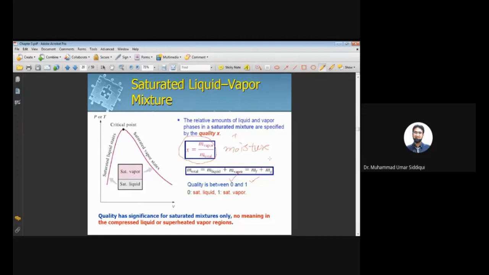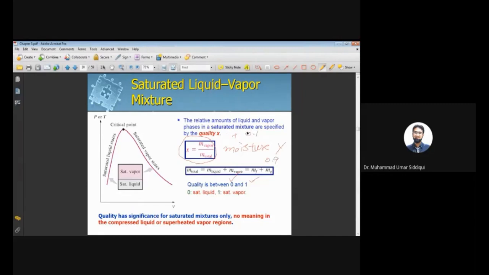So let's say the moisture we call Y. If the quality is 0.1, meaning 10% is vapor, then the remaining 90% will be liquid. So that means the moisture is 0.9. So if the quality is 0.1, then the moisture will be 0.9. Okay, so it's vice versa.